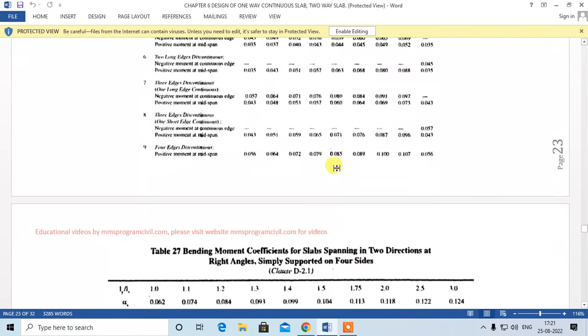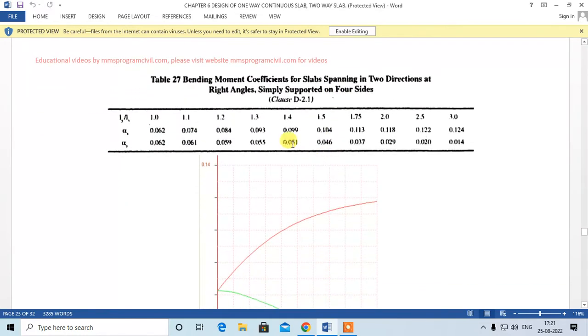Fine. Now, this is the table giving bending moment coefficients for slab spanning in two directions at right angles, simply supported on all four sides, which I just showed. As it is simply supported, there will be no negative moment on the edges. Okay, because it is simply supported, you will have only positive moment in two directions.